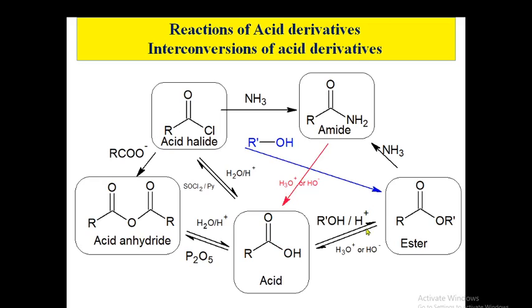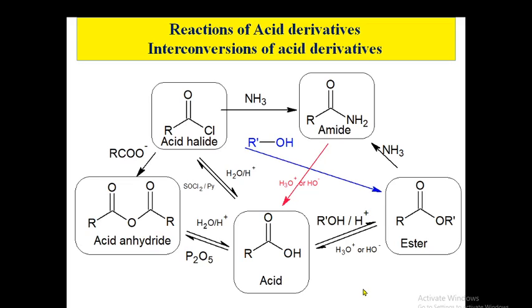So these are the different interconvertible reactions, or all these acid derivatives we can interconvert into each other. You can see all these reactions by pressing the pause button and see all these interconversions.